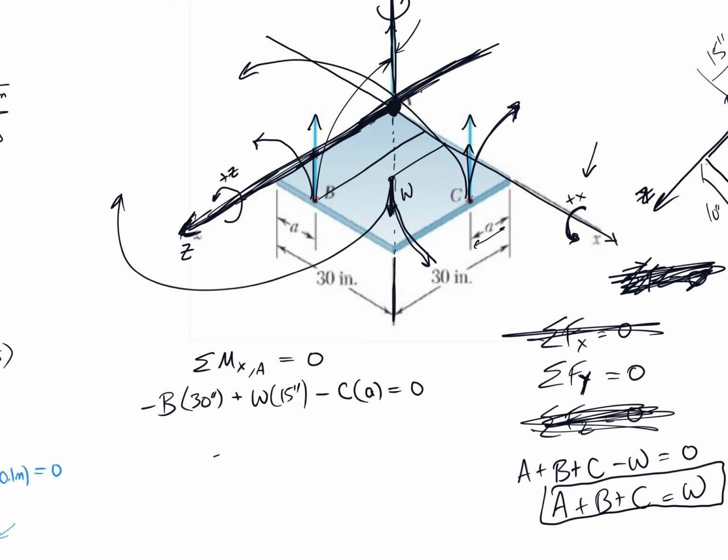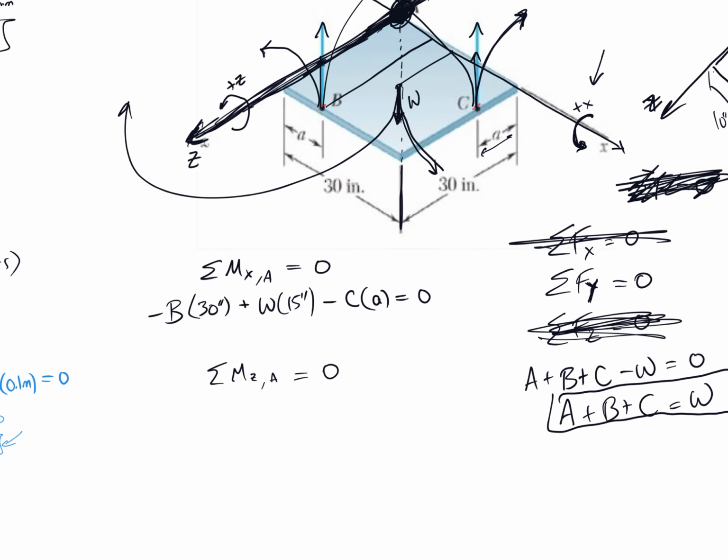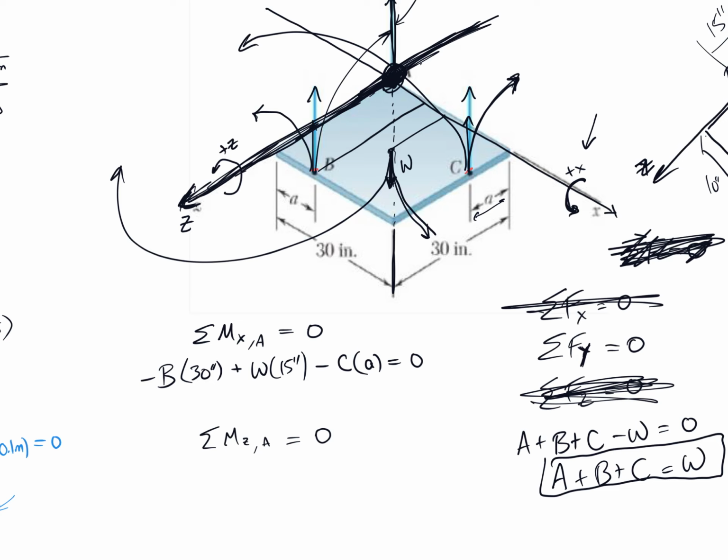So here we go: the sum of the moments in the z direction around point A equals 0, because we're still using this point right here. Really we're doing an axis, but the axis has to go through somewhere. Can we get those distances? We got B, which we decided is positive, times A, plus the weight, which is this distance.